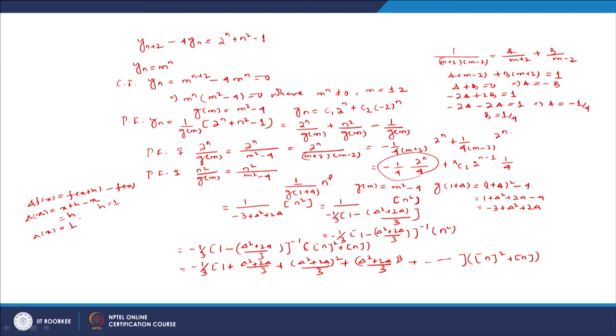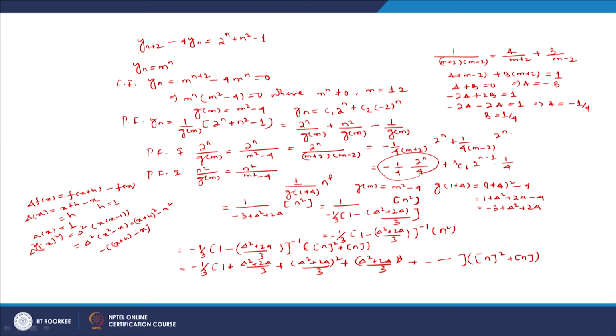Similarly, since we are operating this delta function on these factorial forms, suppose we operate delta square on bracketed x square. Bracketed x square means delta square of x into (x minus 1), which can be written as delta square of (x square minus x), and which can be written as (x plus h) whole square minus x square minus (x plus h minus x).